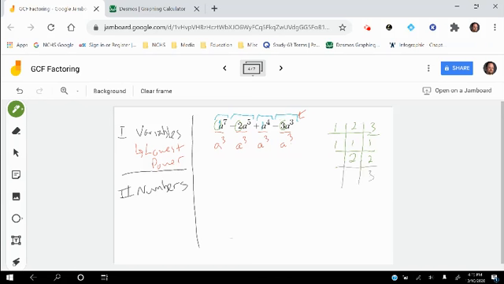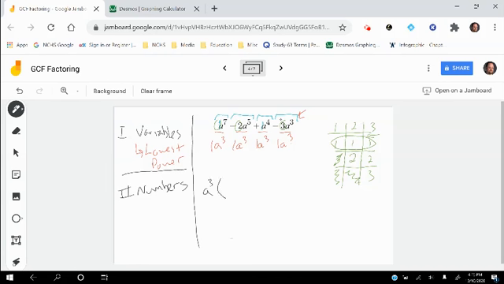But I need something that they all three have in common. Well, that's only right there. That's a 1. So I'm not going to pull a number out. If you want to write 1, 1, 1, 1 down, that's fine. That's up to you. But my GCF is a to the 3rd.